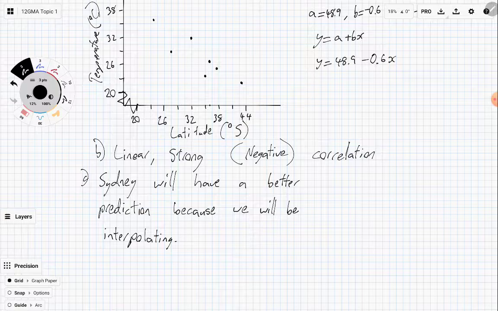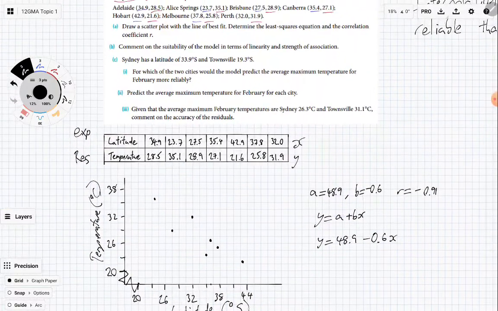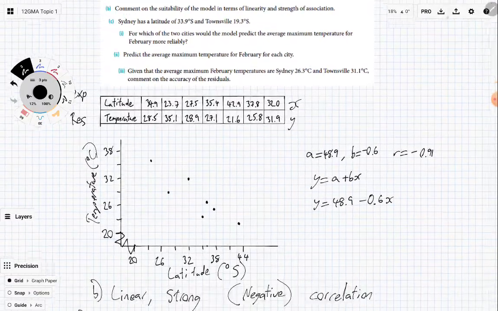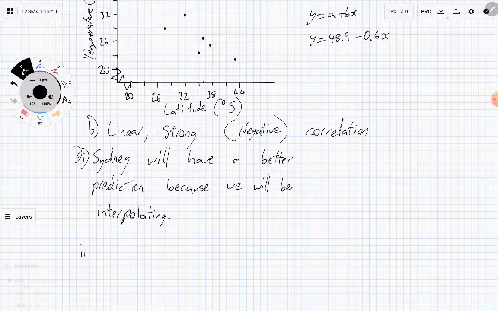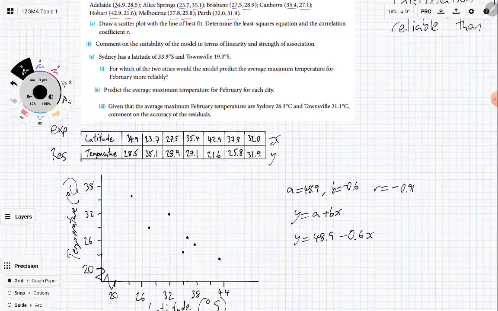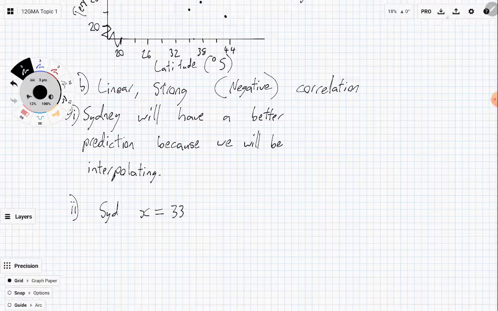Now for C II, we want to actually predict the average temperature for February in each city. So we know that for Sydney, we've got that x is equal to 33.9. And for Townsville, we've got x is equal to 19.3.